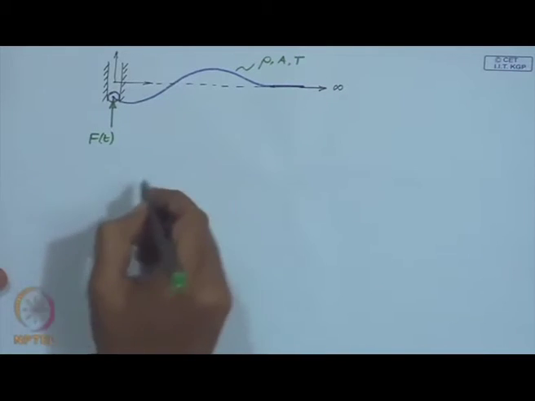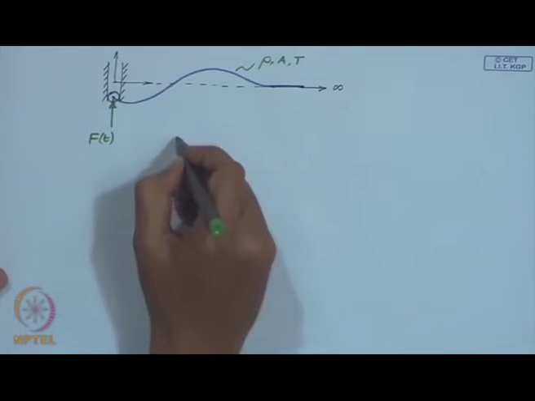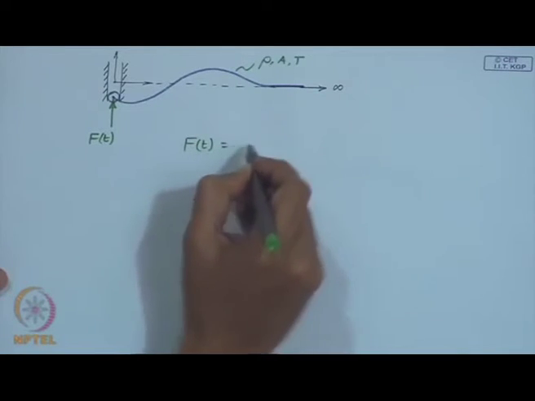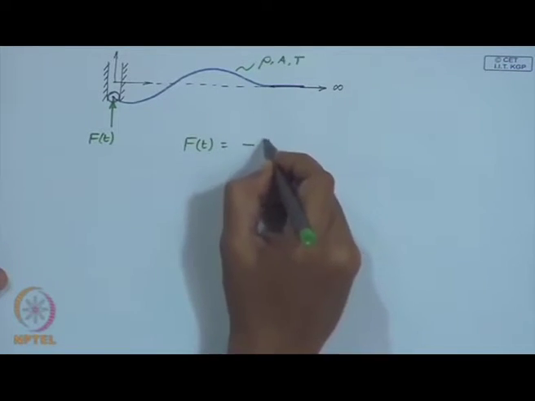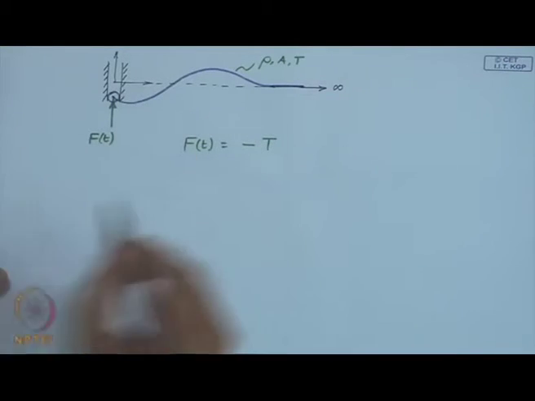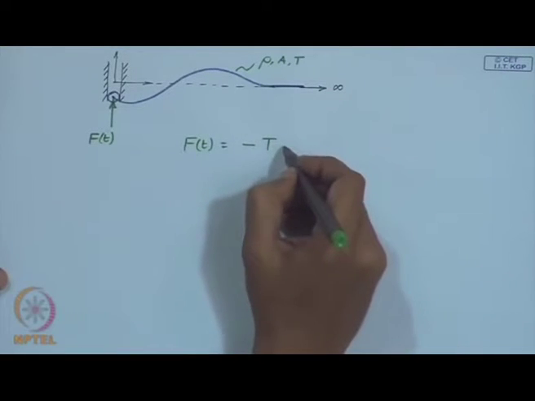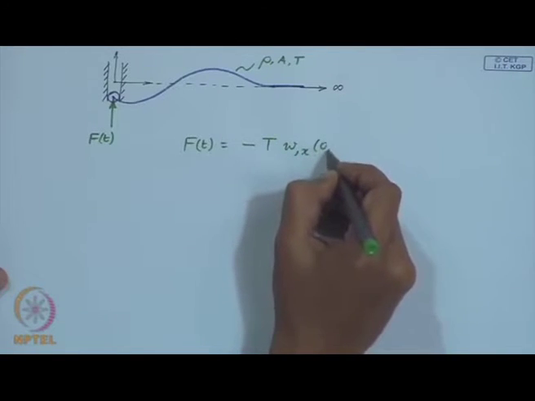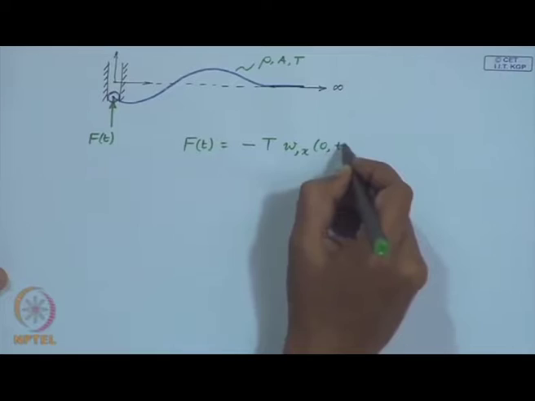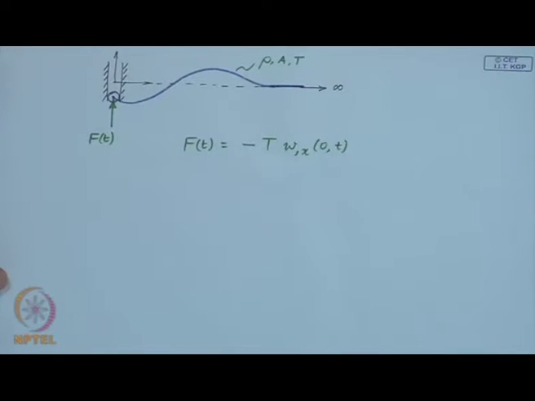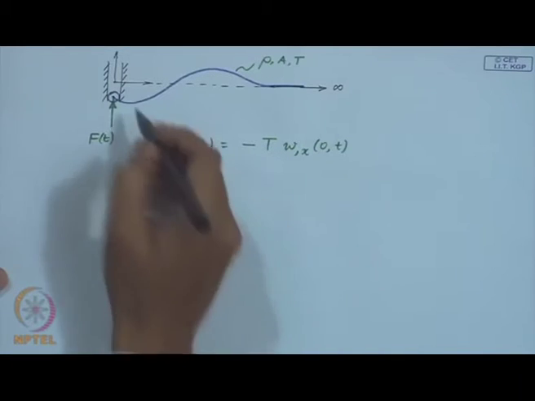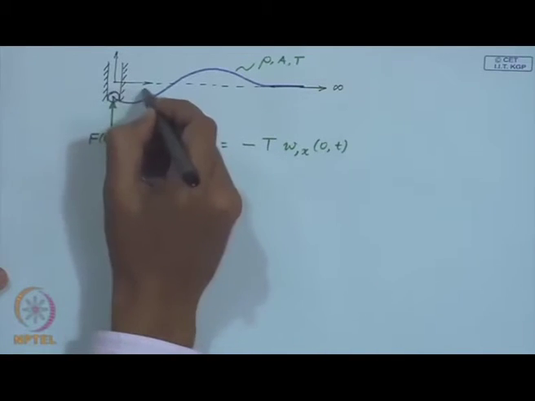So, this force must be equal to, written in terms of the tension in the string, the negative of tension times the slope at x equal to 0.